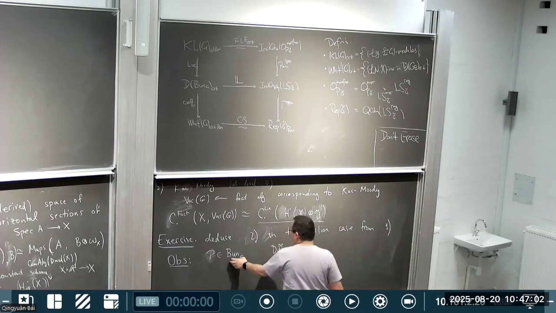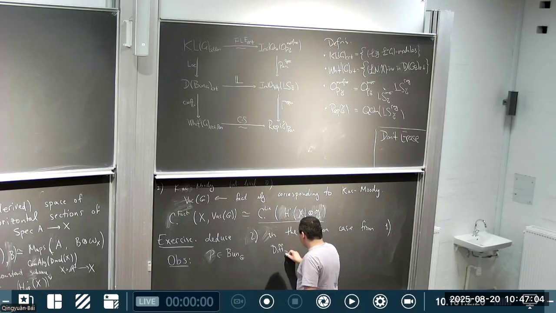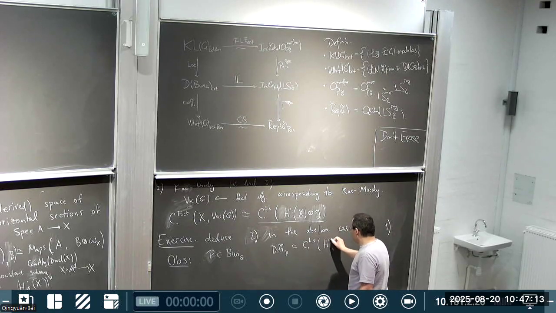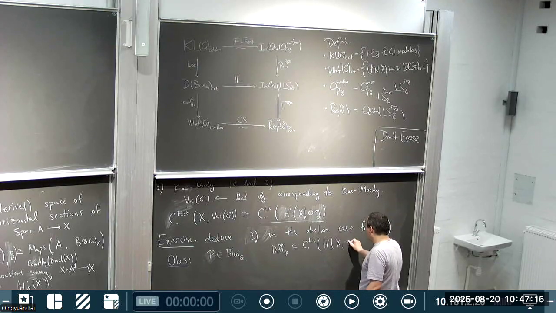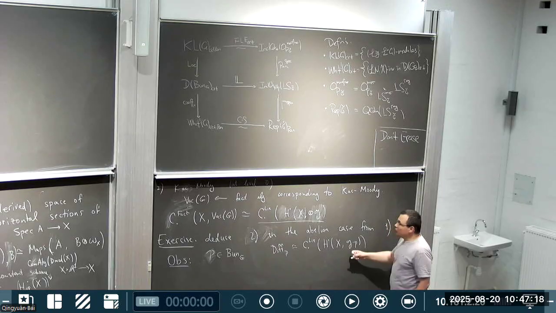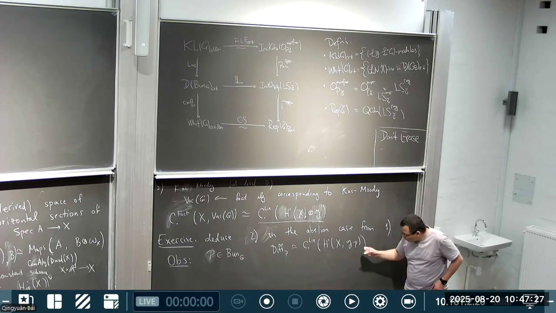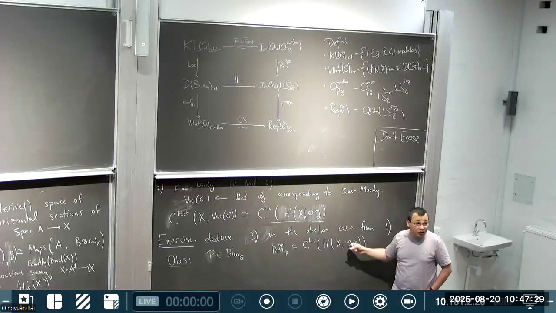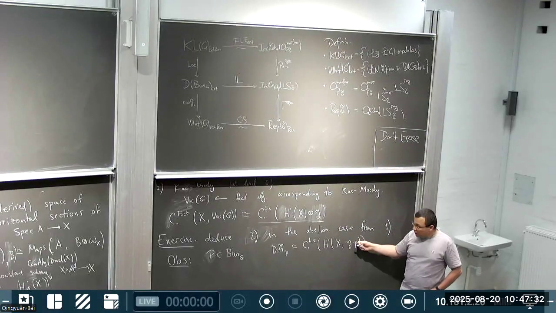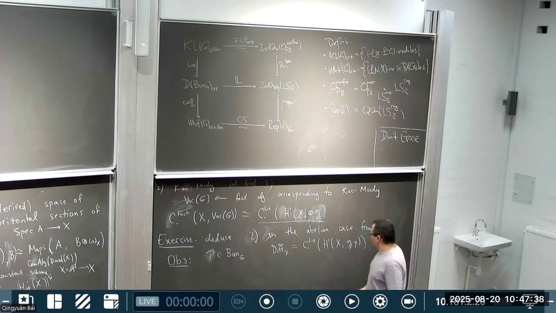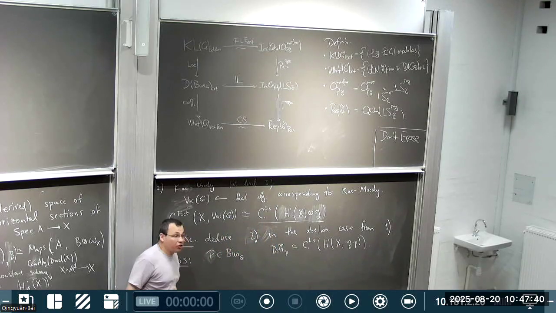So the sheaf of differential operators on the G-bundle, its fiber at P, there's an isomorphism between this and something very similar to this, except instead of the tensor product, I take the Lie algebra and twist it by the bundle, using the adjoint action on the Lie algebra. So this is still a sheaf of Lie algebras. Its homology is a Lie algebra, and I can take Chevalley-Eilenberg chains. So this has this kind of nice description.